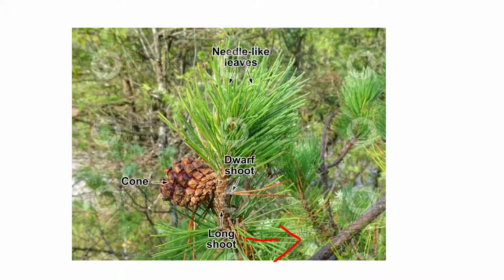Usually the main stem bears branches, and those branches give rise to these branches of unlimited growth. These branches of unlimited growth are nothing but long shoots, and from the long shoots the dwarf shoots will arise like this, and these dwarf shoots usually bear leaves.